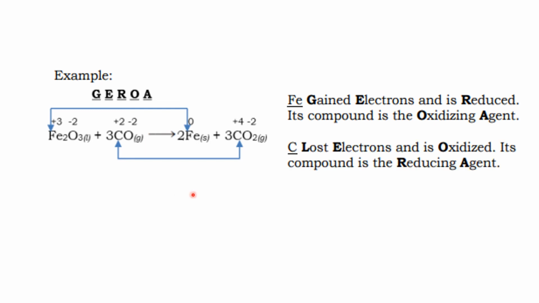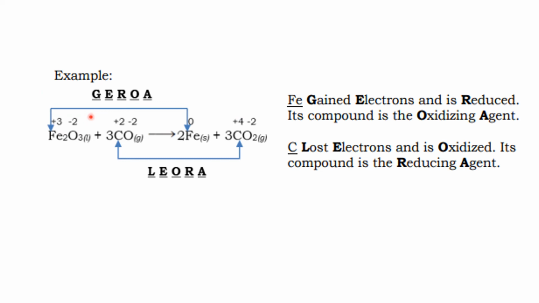For the other substance that did increase in oxidation number, that means that atom did lose electrons and is oxidized. And the substance that carries that atom that is oxidized is considered the reducing agent because it caused the other to be reduced.